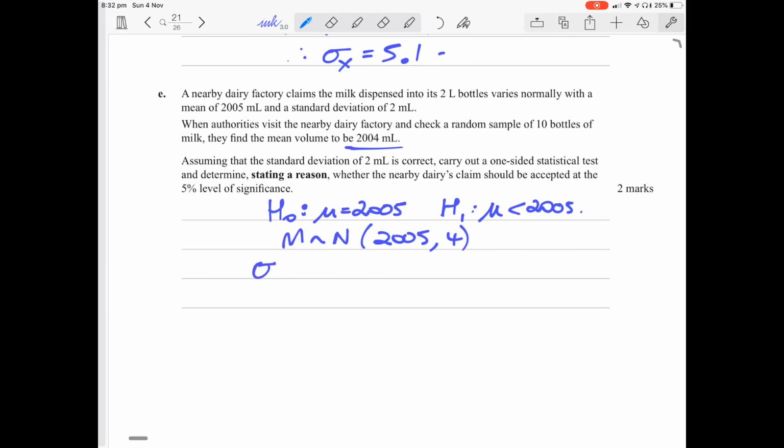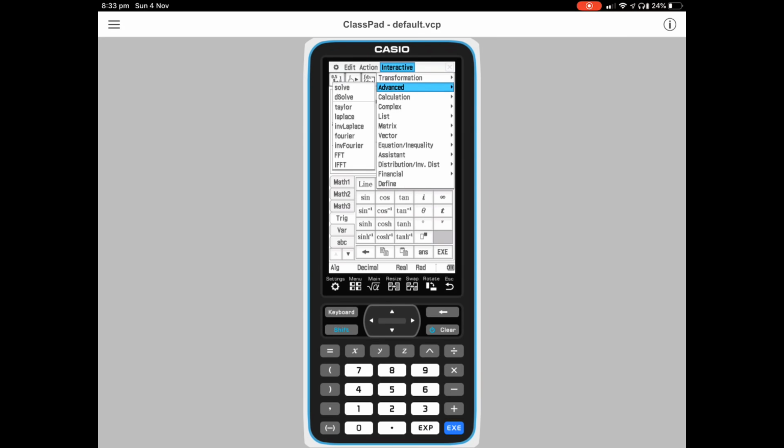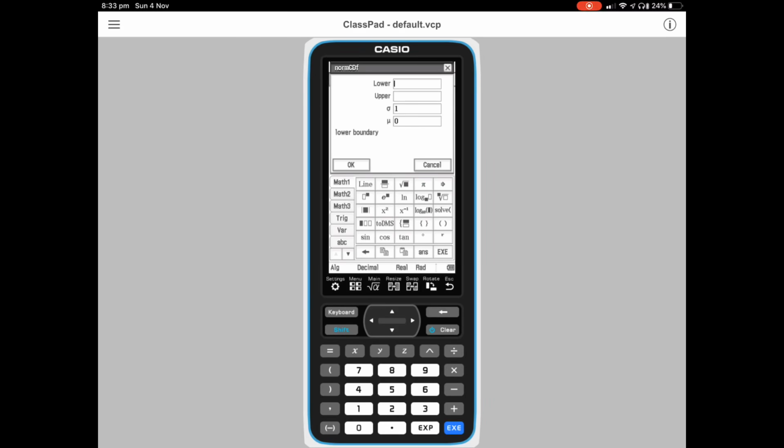Okay. The standard deviation of this sample is 2 on root 10. The probability that M is less than 2004, given that mu is equal to 2005, is equal to... interactive distribution, continuous norm CDF.